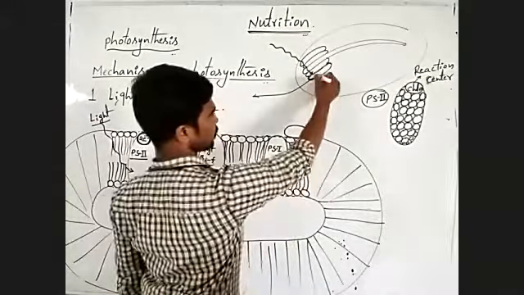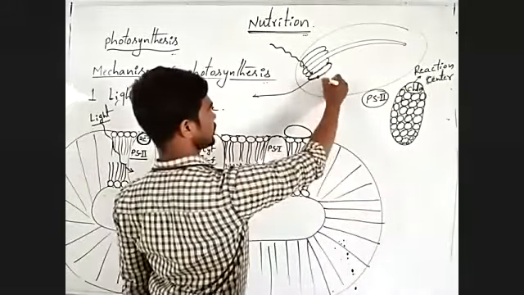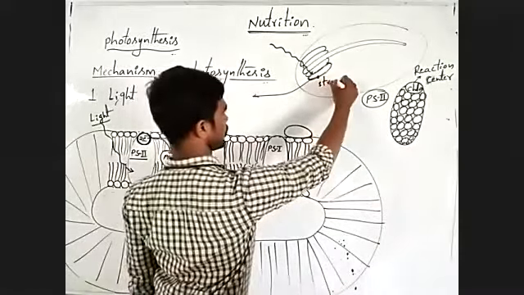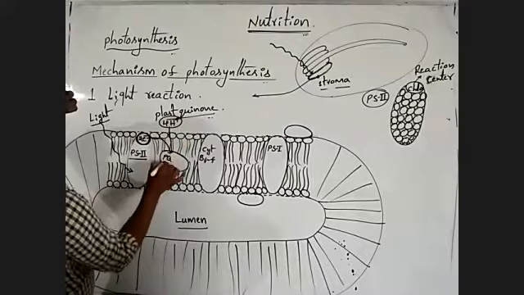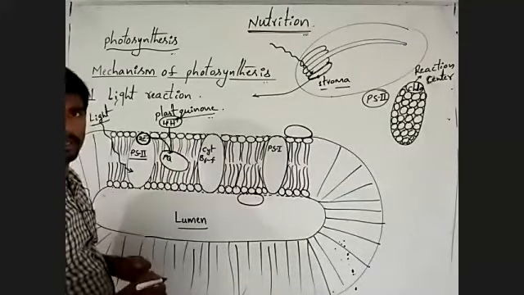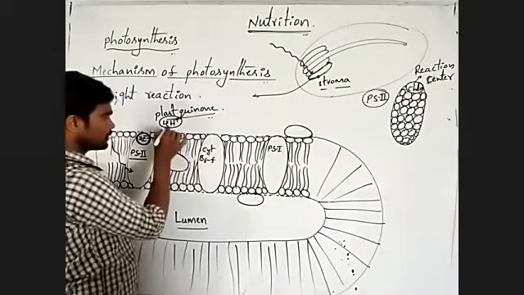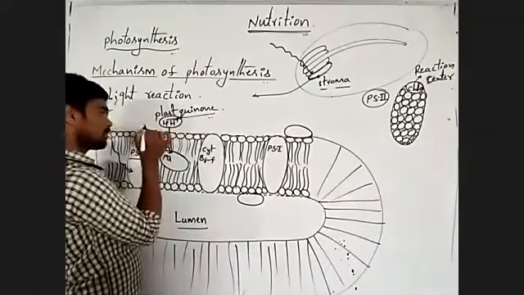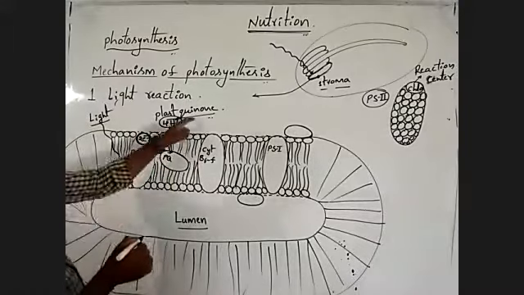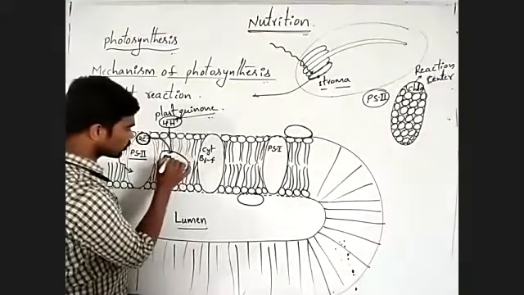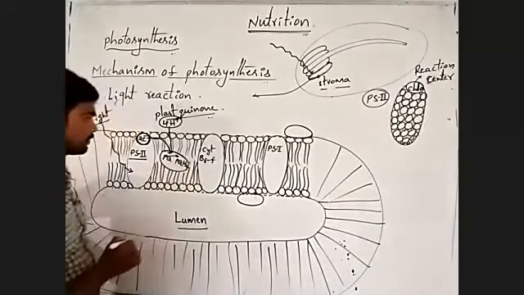Imagine this is photosystem 2; outside of photosystem 2, this entire region is the stroma. By receiving the two electrons and four protons, plastoquinone is reduced.